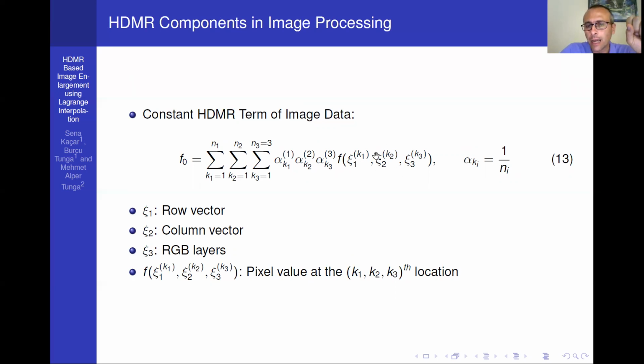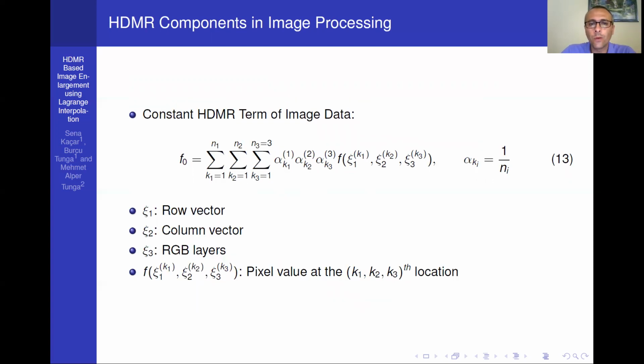The second dimension is a column vector, and these values are the values of the y coordinate. The last dimension is for the red, green, blue layers, so it can take on only three different values. And this f function corresponds to pixel values at the locations.